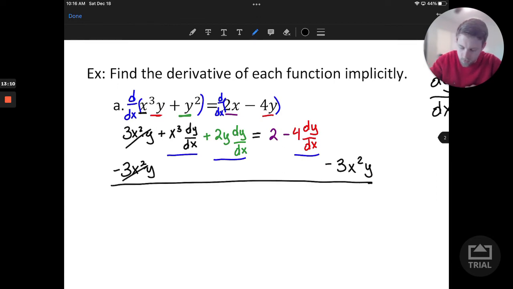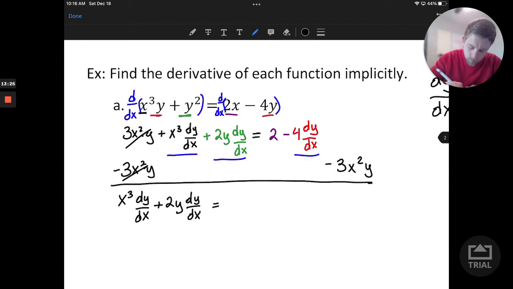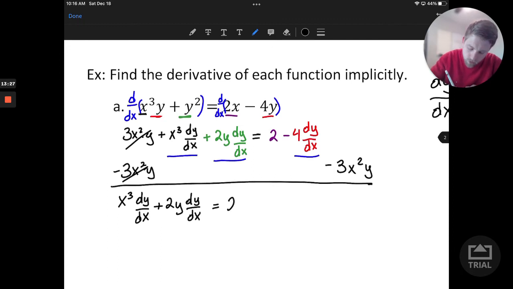So those will cancel. We'll be left with x cubed dy dx plus 2y dy dx equals, I'm going to move this to 2 minus 3x squared y, and then minus 4 dy dx.